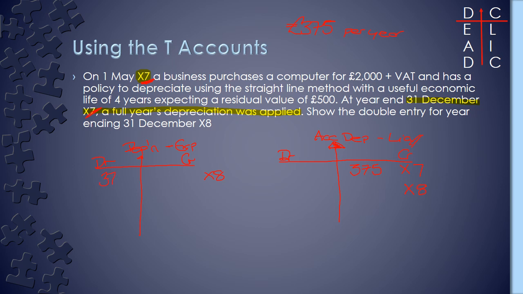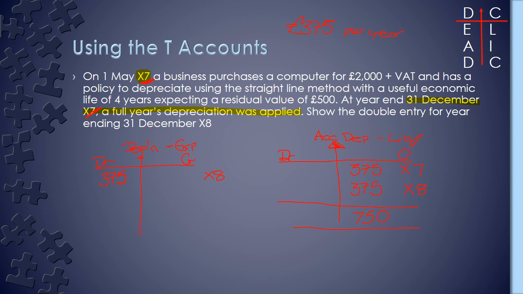We're going to debit, increase our expense account, debit our depreciation account. And our opposite entry is to credit the accumulated depreciation account. And then what that does is that brings our depreciation in total to £750.